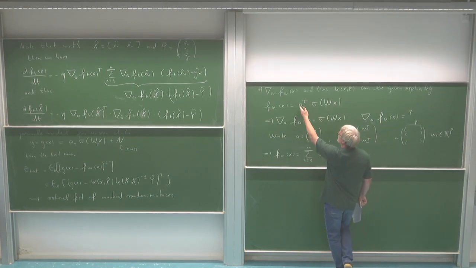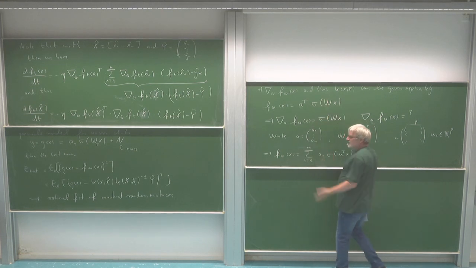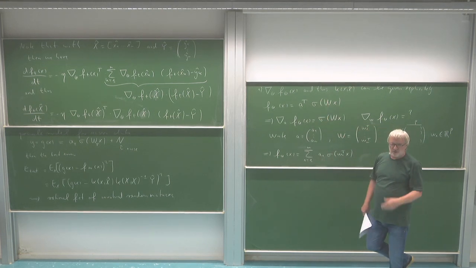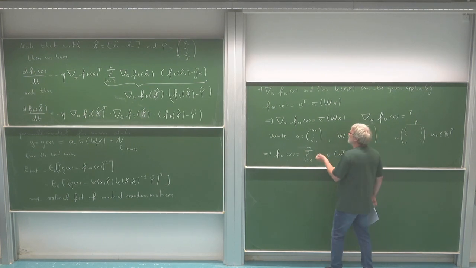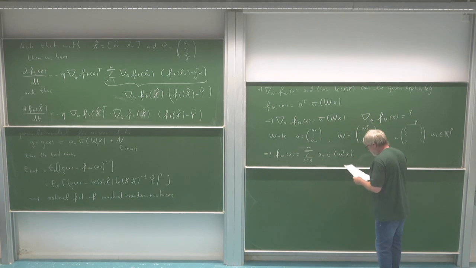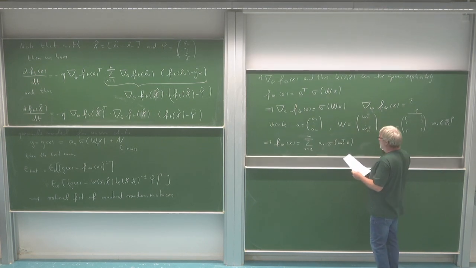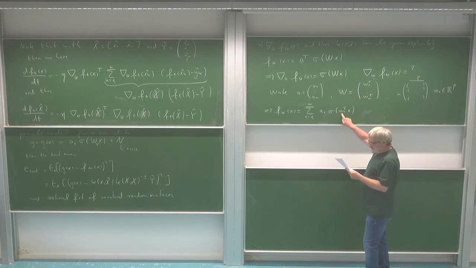Because here I'm multiplying a row vector with a matrix, and this I can write as a vector where the entries are just inner products between this and the columns of this guy here. Good. Okay, so I can write it like this, and now I can take the derivative with respect to those wi's.